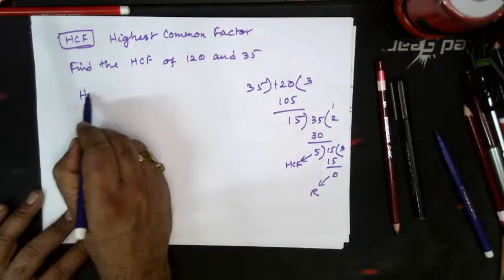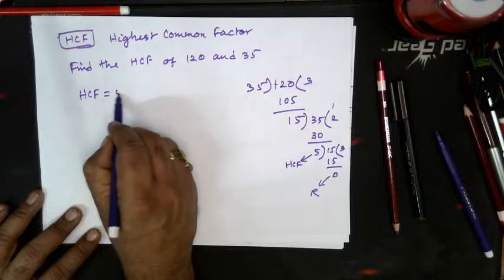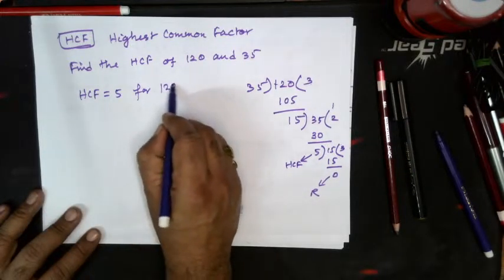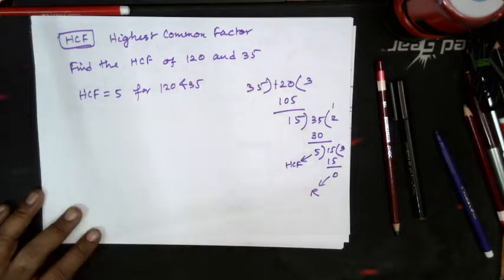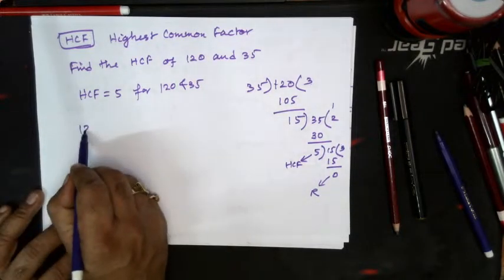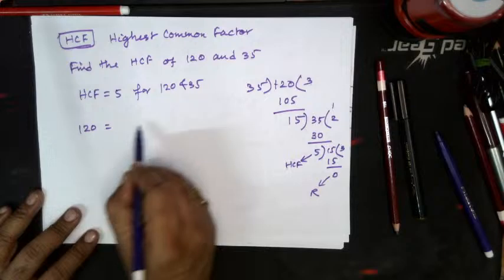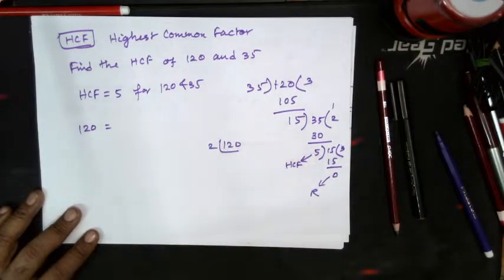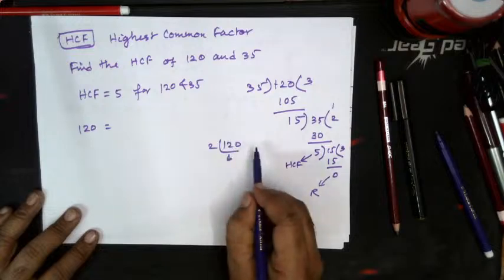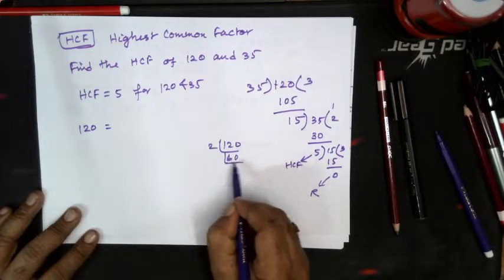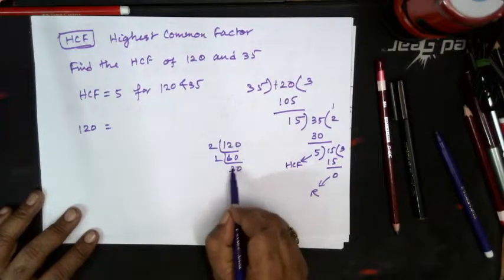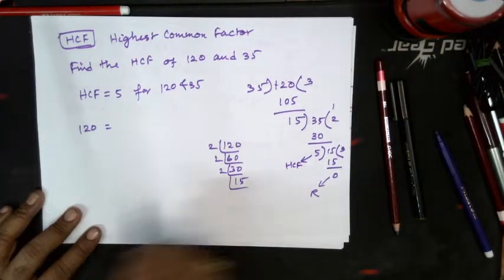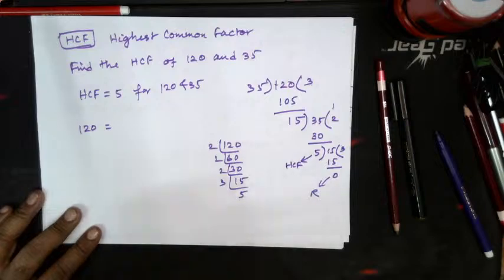So the HCF is 5 for 120 and 35. It means 120, let us factorize. 120, you can go ahead with the 2. 6 twos are 12 and 0. Again 2, 30. Again 2, 15. Again 3, 5. Got it?